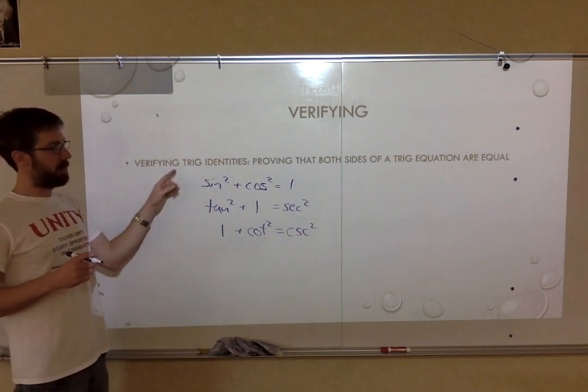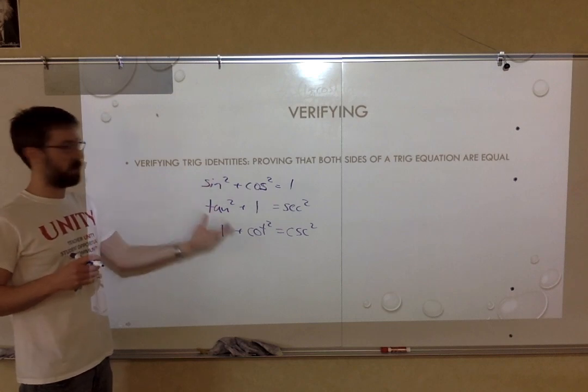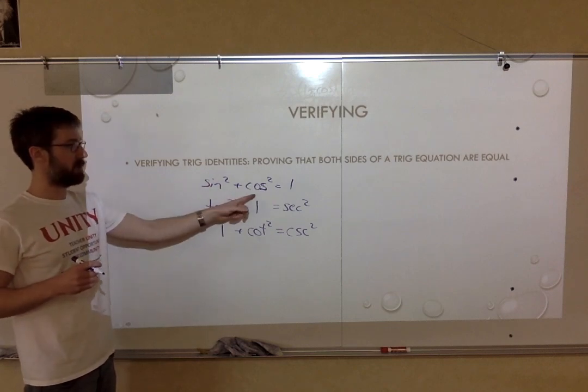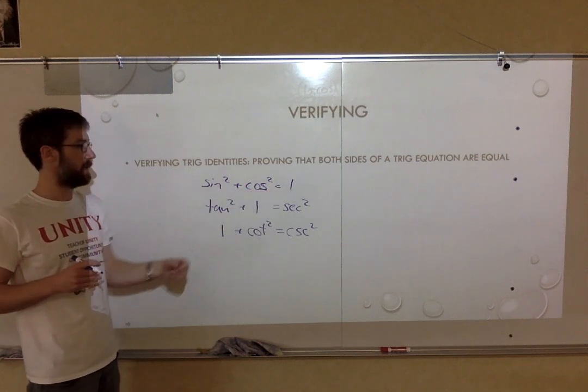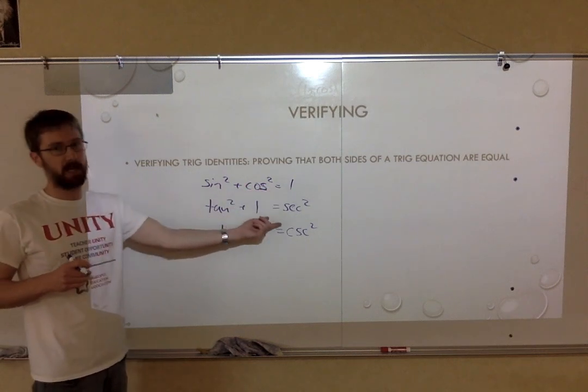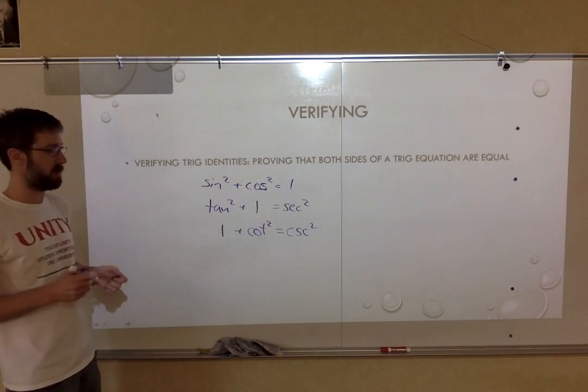One thing that I want to point out, these only work when all of the stuff is squared. Sine plus cosine does not equal 1. Sine squared plus cosine squared equals 1. Tangent plus 1 does not equal secant. Tangent squared plus 1 equals secant squared, and so on.